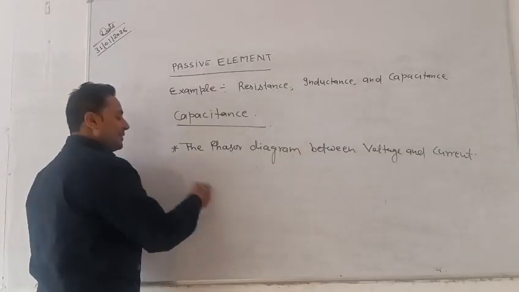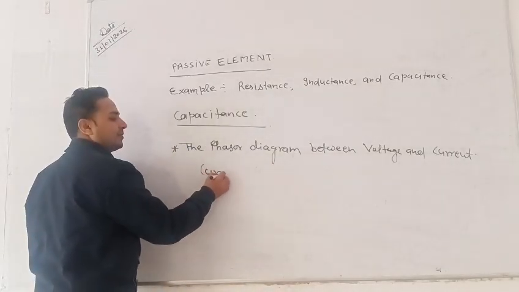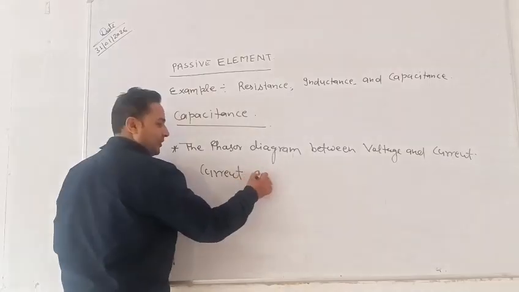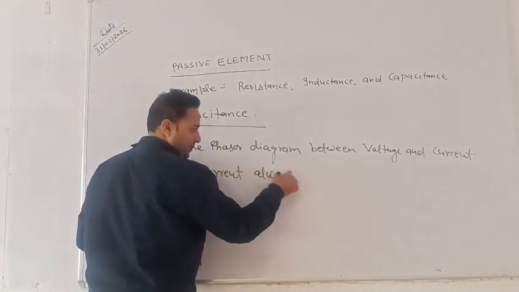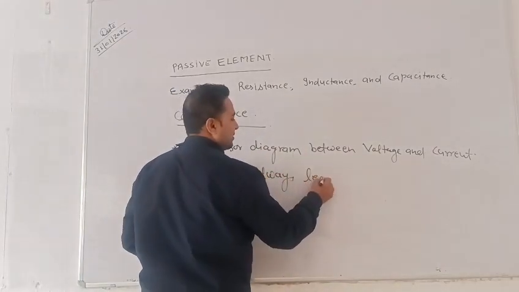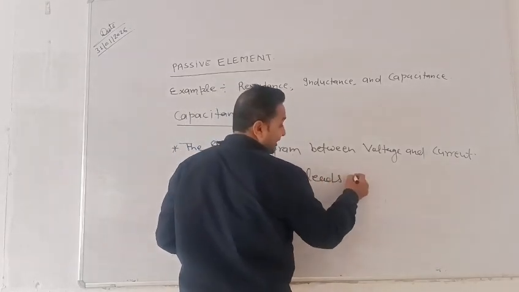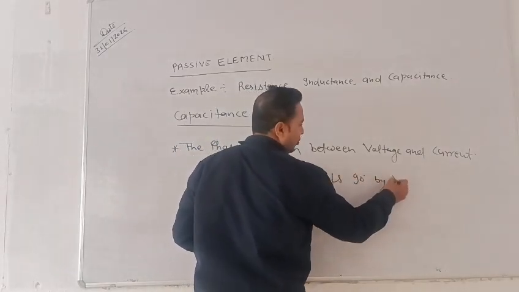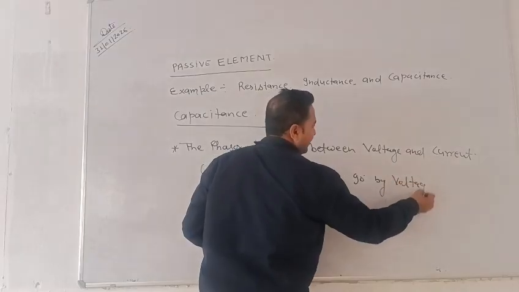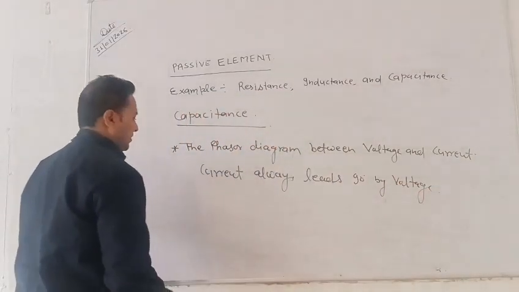During capacitance, current always leads the voltage by 90 degrees.